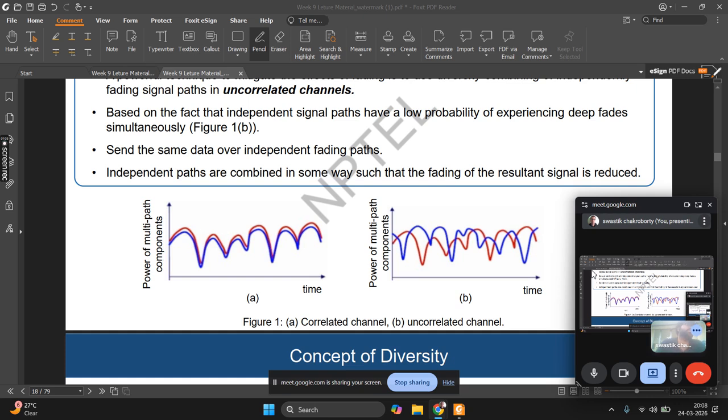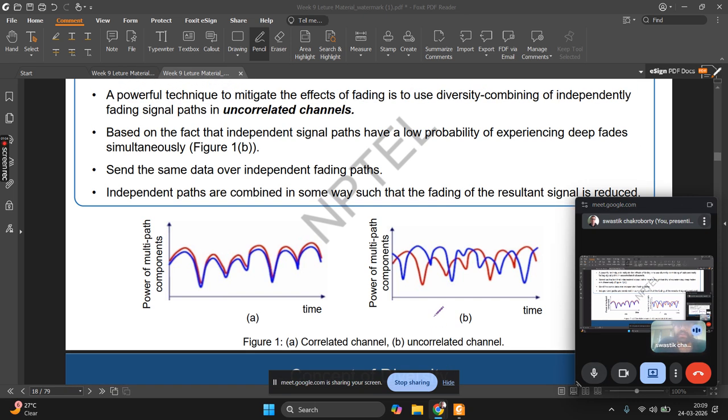Because these multipaths might cause destructive interference, what you do is you send the same copies of the signal and they are added together, so that even if one of them experiences heavy fading, the other paths might not.